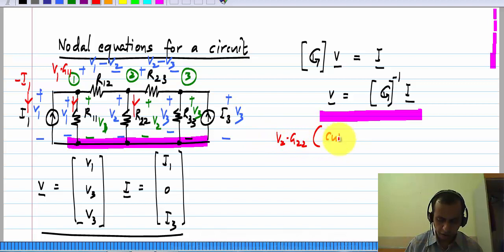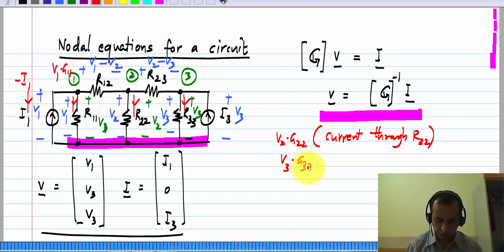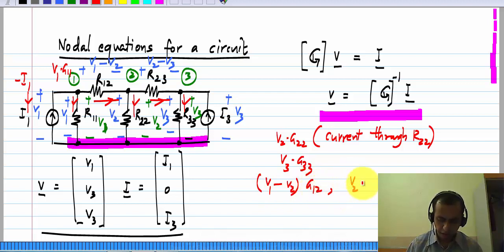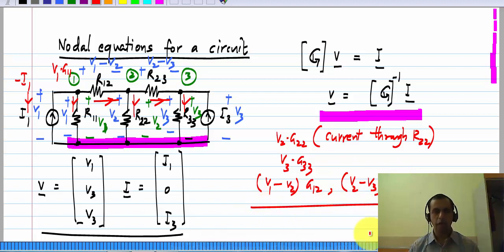This is the current through R22, and similarly through R33 it would be V3 times G33, and through these resistors R12 and R23 it can also be equally easily calculated as V1 minus V2 times G12 and V2 minus V3 times G23. Okay, so this is how we can get a complete solution to the circuit.